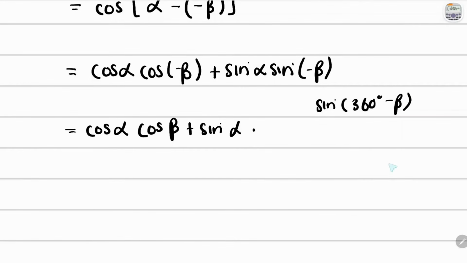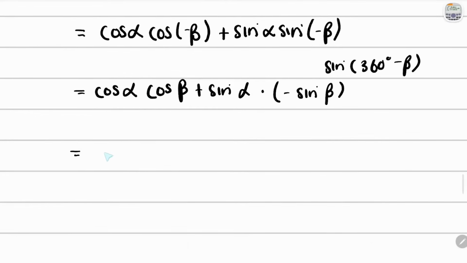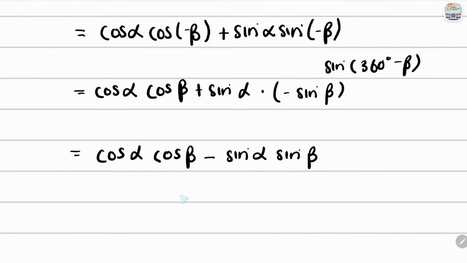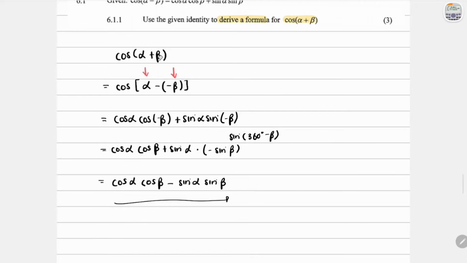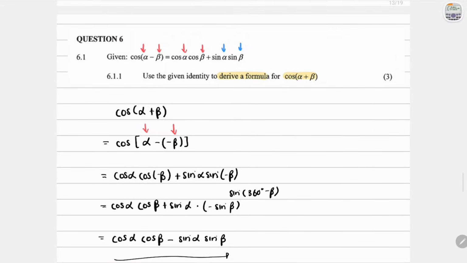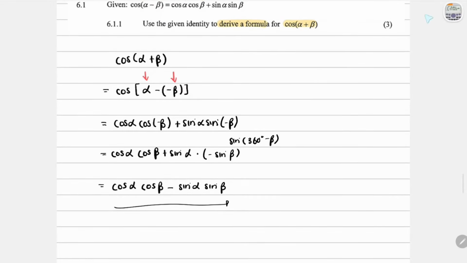And if you reduce that, because it's in cos's quadrant, sine is negative in this quadrant. So it becomes negative sine beta. And so now this is finally equal to cos alpha cos beta, and these two multiply and become negative. So negative sine alpha sine beta. And there we go. We have derived a formula for this using this idea. And that is our answer.